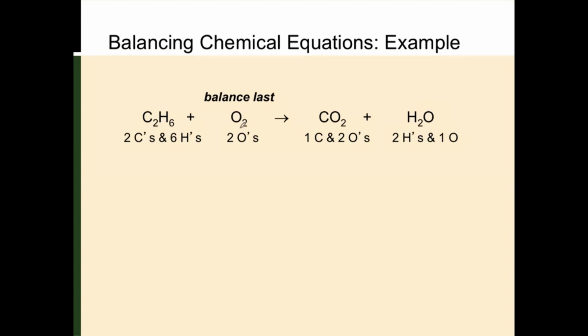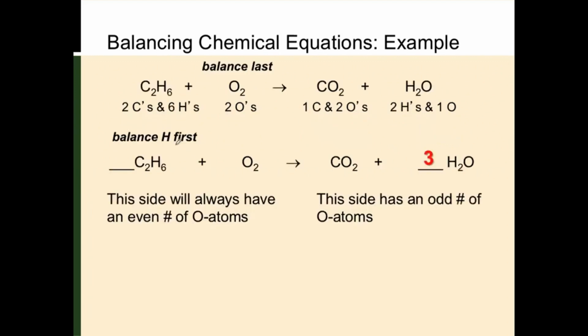As it says here, the elemental oxygen, this O2 molecule, will be balanced last because it is an element. So we'll balance around the other elements first. We'll look at trying to balance the hydrogens first from our ethane. We have 6 hydrogens on the left-hand side, so we will need to have 6 hydrogens on the right-hand side, at least initially.